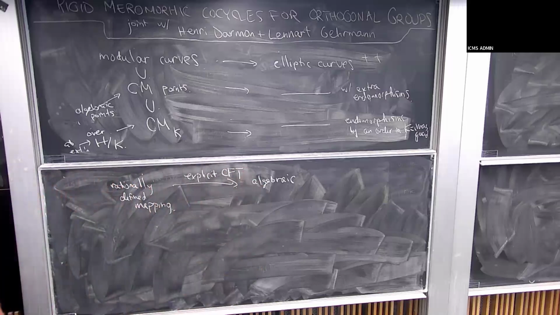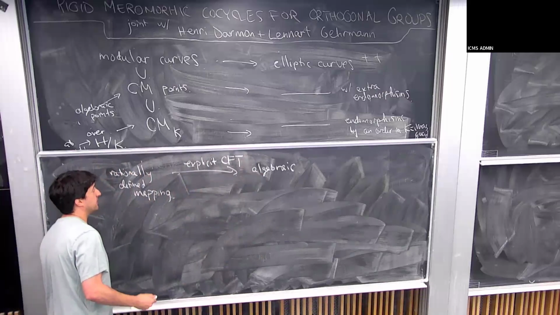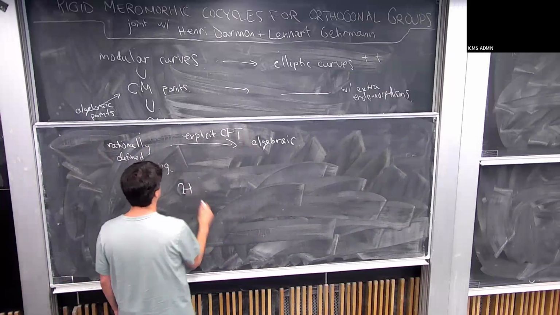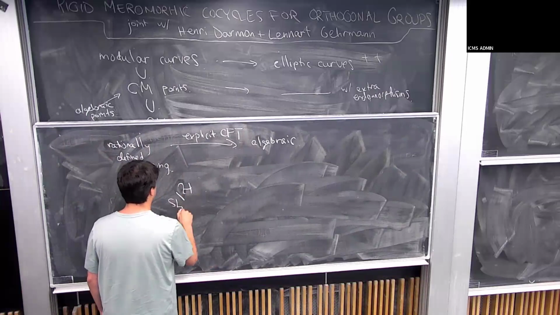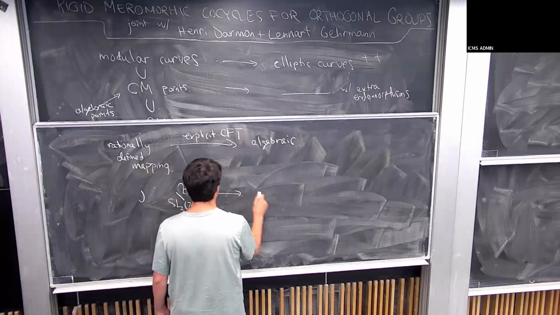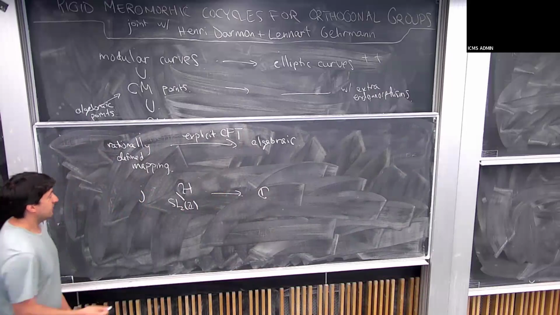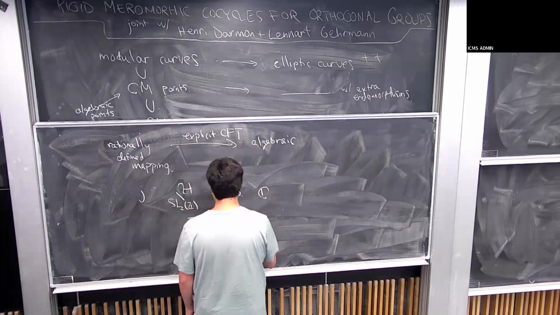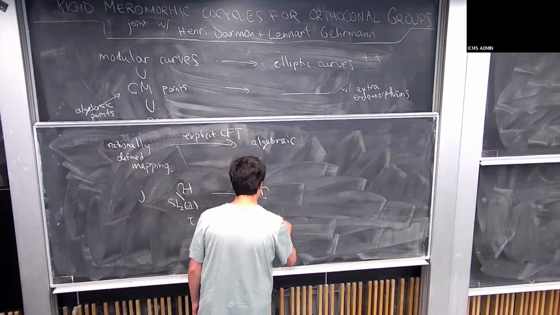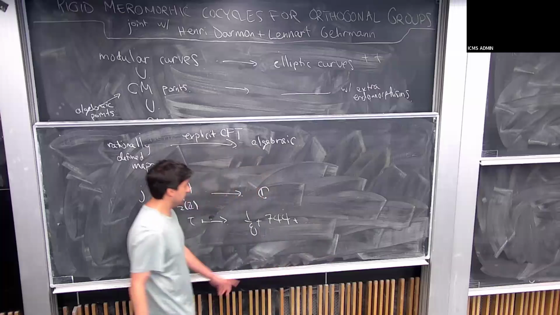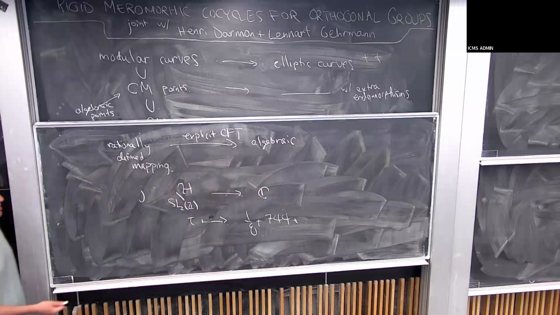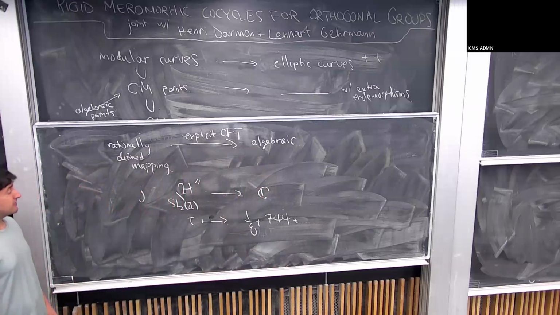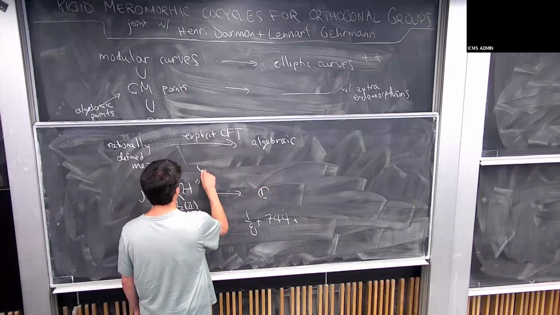explicit class field theory. So if you take the familiar J function, it's a function on the complex upper half plane modulo SL2Z to the complex numbers, and it's given by, I'll write one term of the Q expansion. So it has this familiar Q expansion. Q is e to the 2 pi i tau. But what's really interesting is that this J function is actually a rationally defined algebraic function.